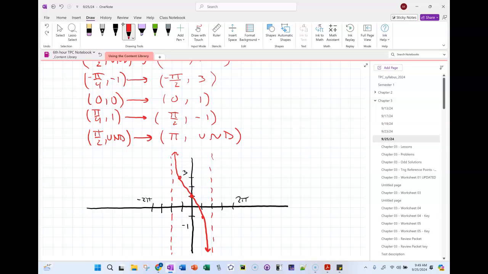I'm going to continue my pattern. So I noticed that I needed like 5 tick marks, 1, 2, 3, 4, 5 to draw my next graph, right? I really only have 3 of them. So if I want, I can extend out like 2 more tick marks. Actually, let's do those in red, so that it makes sense there. So I'll put in my asymptotes. So notice that the asymptote that ends one cycle is the same asymptote that starts the next cycle, right?